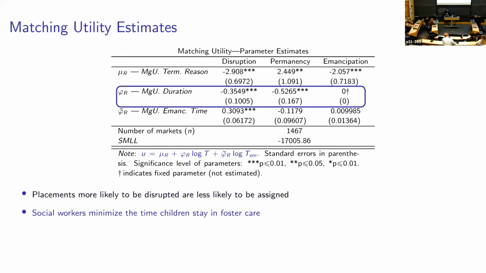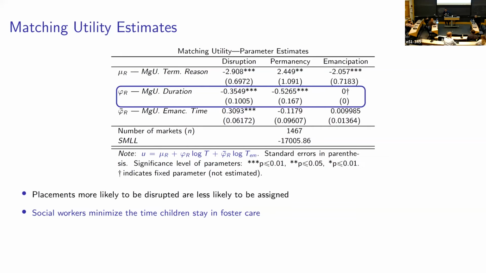In terms of duration, it's a similar story, in the sense that, conditioning on a termination reason, social workers are assigning placements to minimize the time that children stay there. Now, conditional on permanency, this is what they are supposed to be doing. One of the things behind this is that children are being adopted by foster homes, so they're being placed in foster homes that are more likely to adopt them.